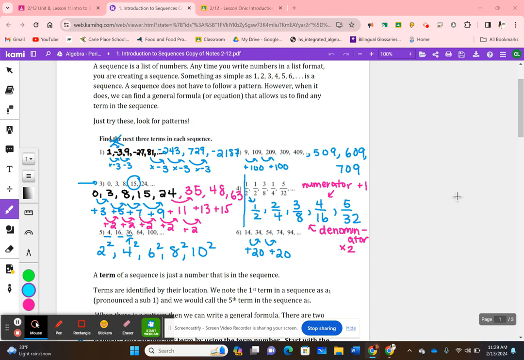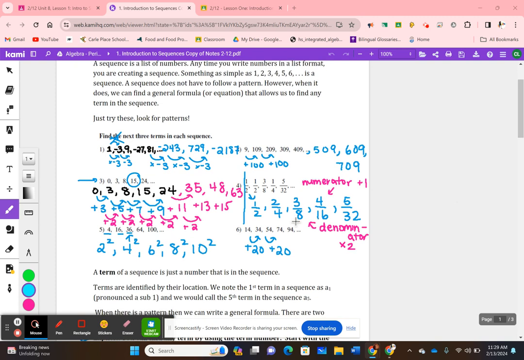All right, so then number 4, the easiest way to look at that was by unreducing the fractions. Again, this is not something we would test you on. It was just something to stretch your brain a little bit. The numerators were all increasing by 1, and the denominators were all being multiplied by 2, or powers of 2.